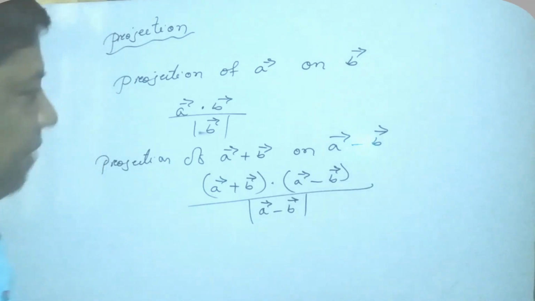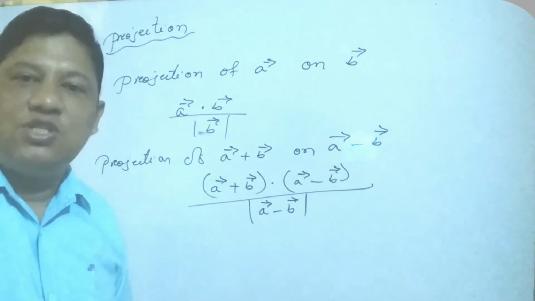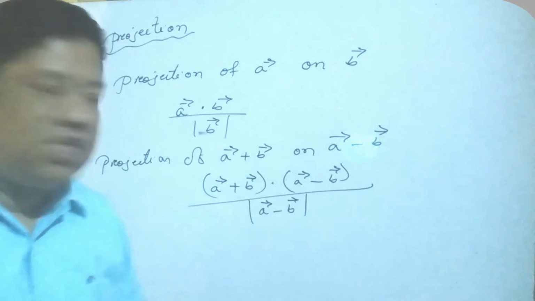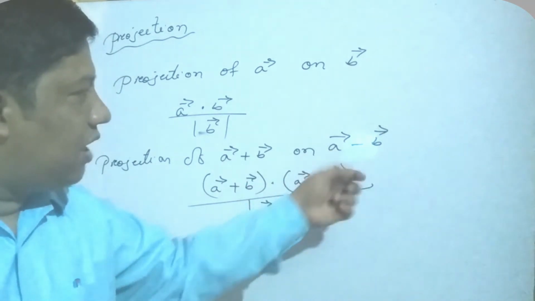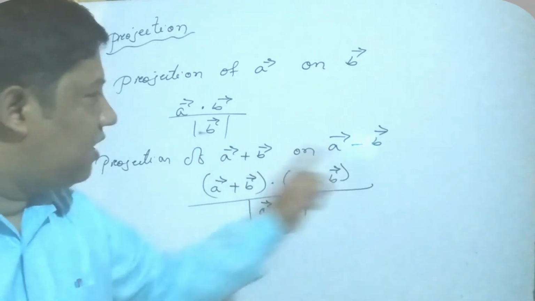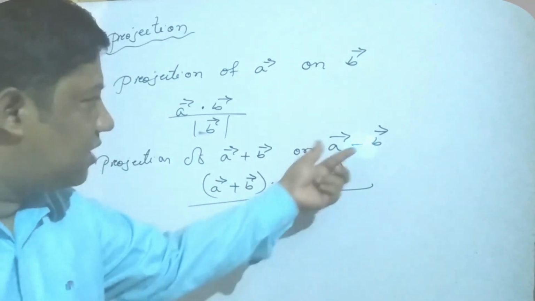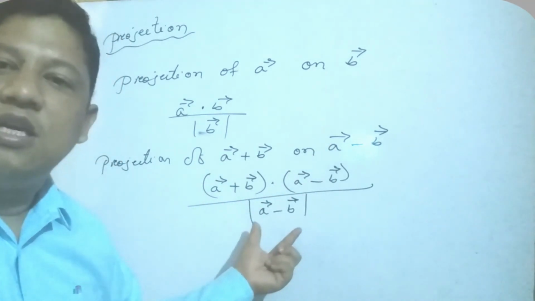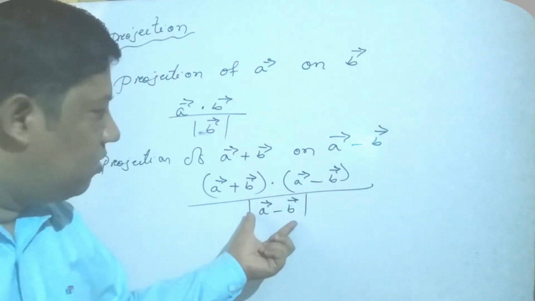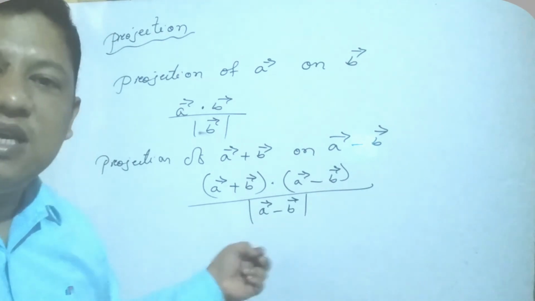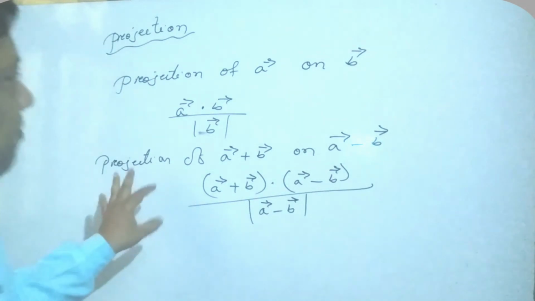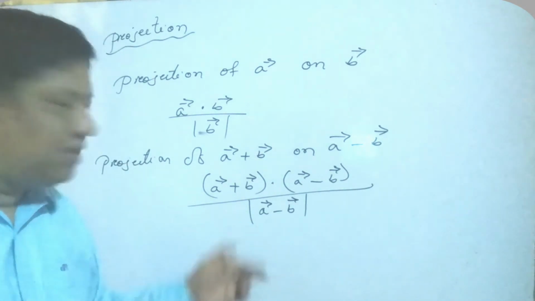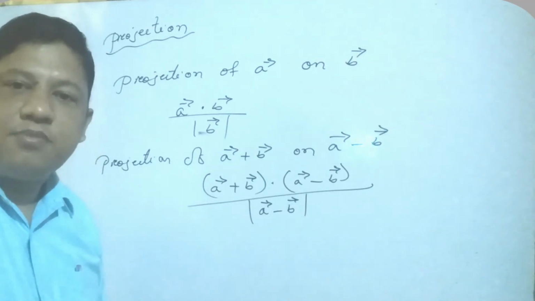So my students, it is a very simple and easy process to find the projection of two vectors. If you want to find the projection, first find the dot product of the two vectors, and after that divide by the magnitude. If you have any questions on projections, you can use this identity.